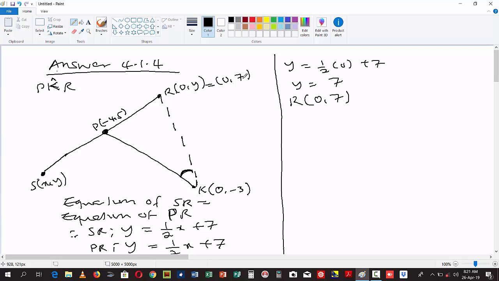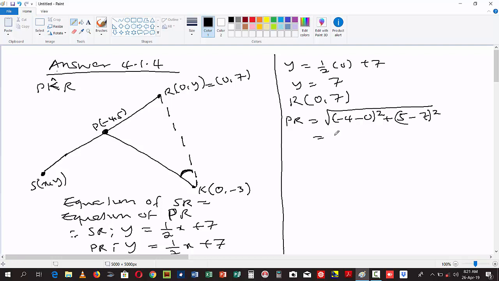Now we can go and determine the distances: distance PR, distance RK, and distance PK. Let us start from the distance of PR. PR is equal to the square root of (-4 minus 0) squared plus (5 minus 7) squared.